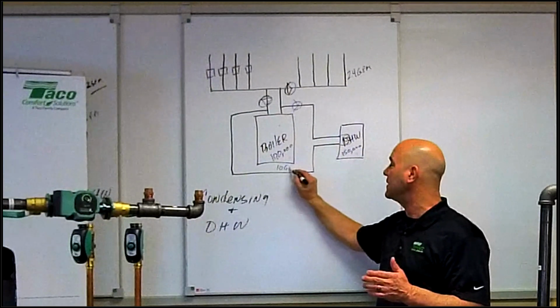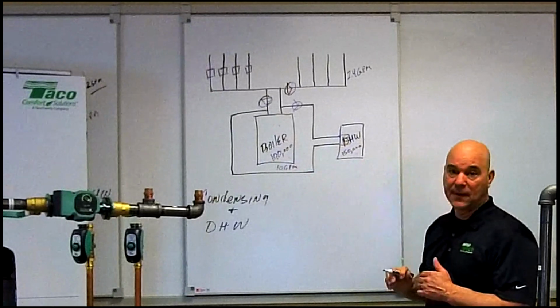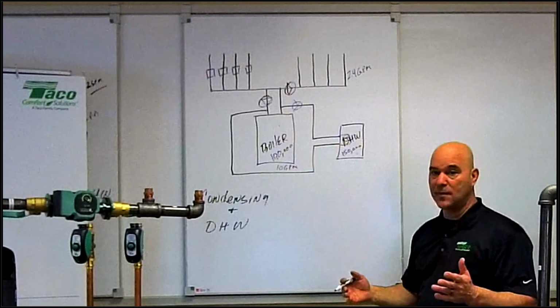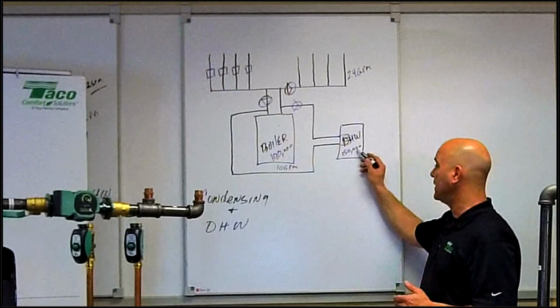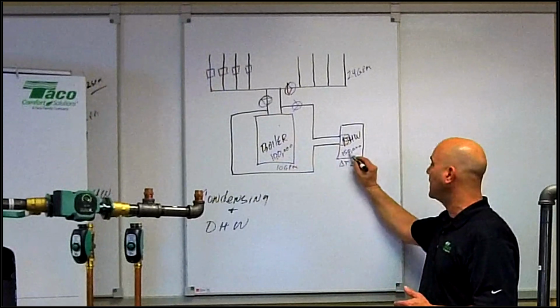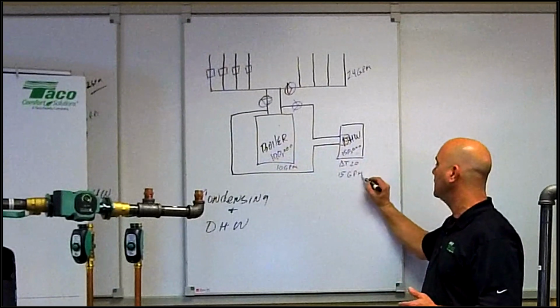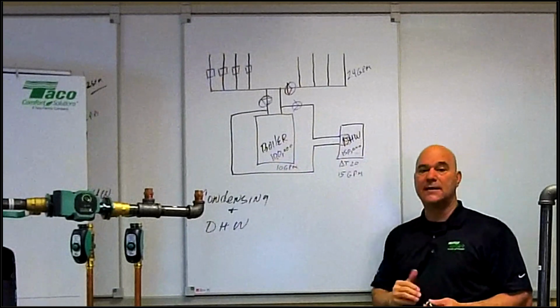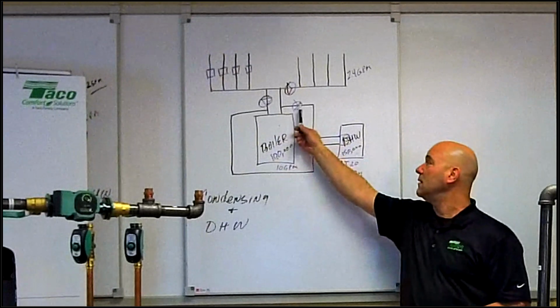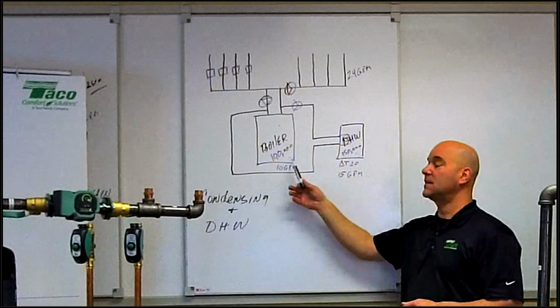So this boiler needs 10 gallons per minute, right? If I look at my indirect, 20-degree delta T, take the comma, move it over. This needs 15 gallons per minute. So when I size this circulator, do I size it for the 15 GPM or do I size it for the 10 GPM?